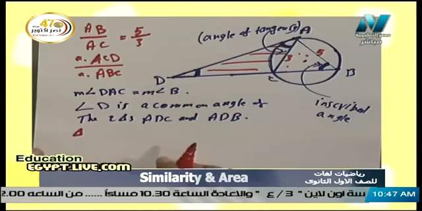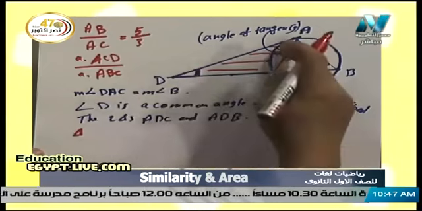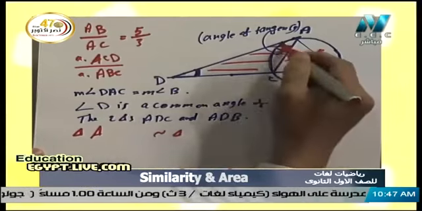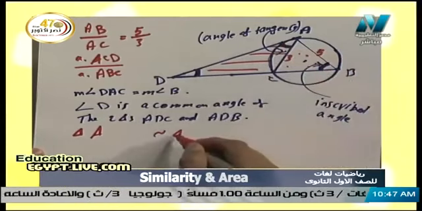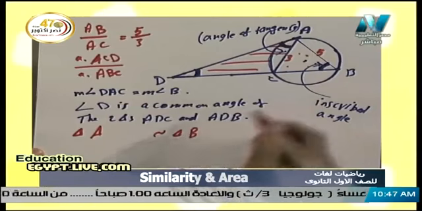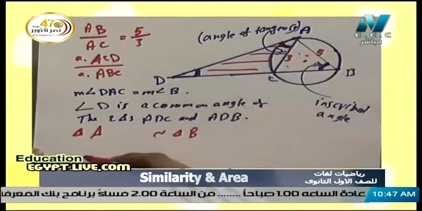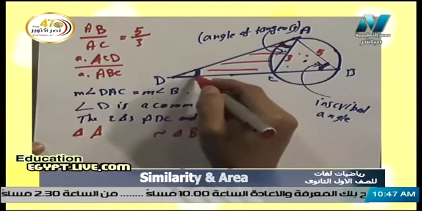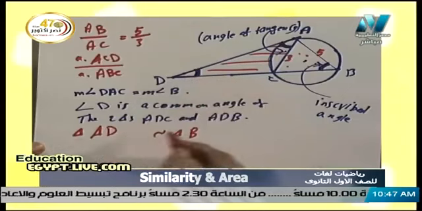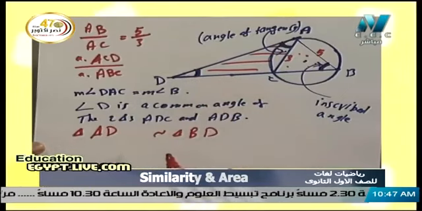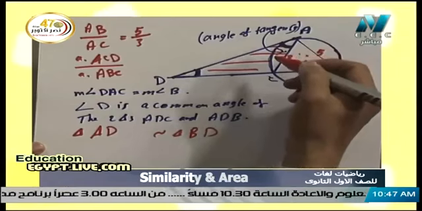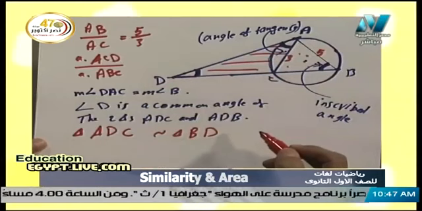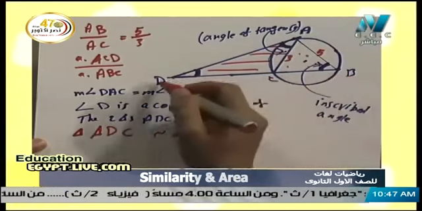First, write the triangle ADC, starting with A. This angle equals this angle, so in the next triangle we will start with B, because the angle B equals the angle A. And D is the common angle in the two triangles, so we say D here and D here also. The rest: triangle ADC is similar to triangle BDA.